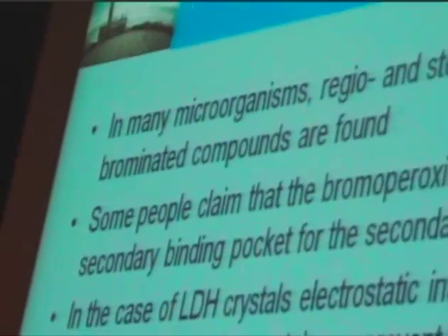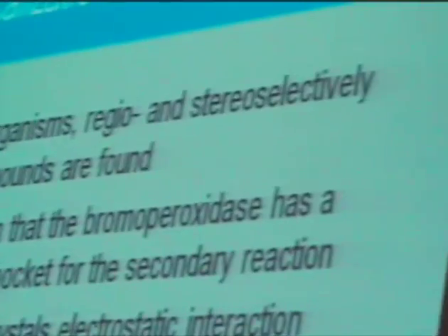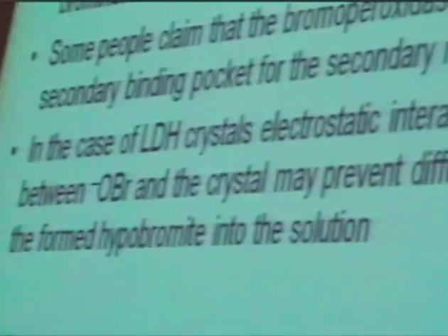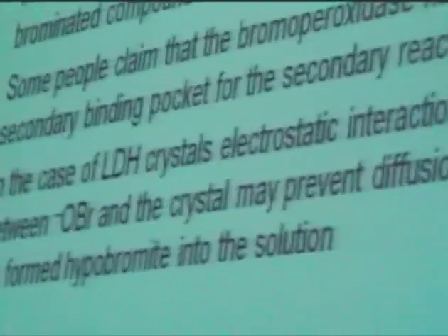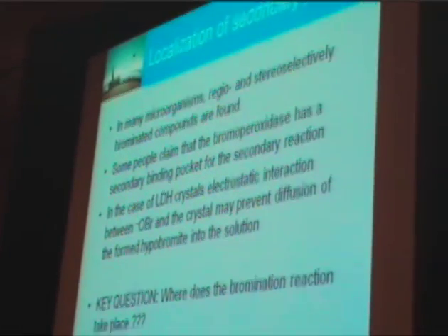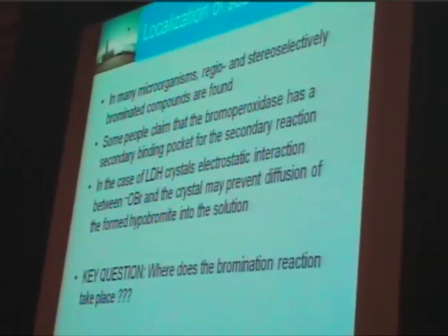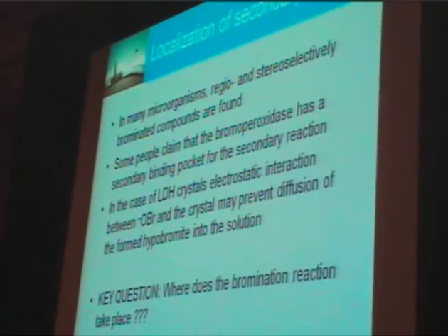While there are reasons to believe that in some cases the hypobromide remains bound to the catalyst. And that there is, for instance, in the enzyme, a secondary binding place where the secondary reaction also proceeds in a catalyzed way. So we want to localize with high accuracy where this reaction is taking place, the secondary reaction.